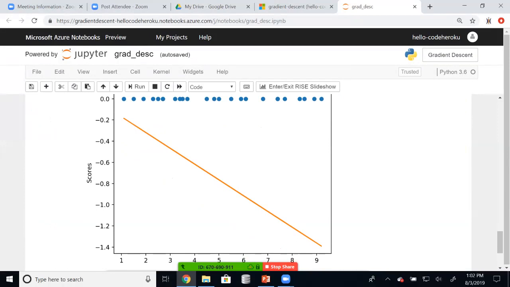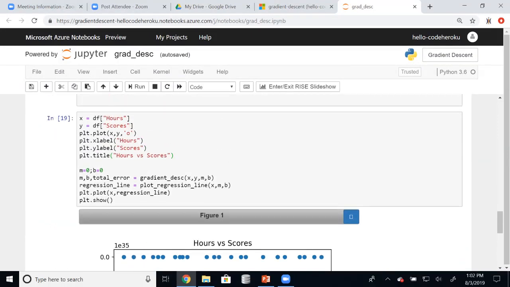Any intuitions on why that might be happening?